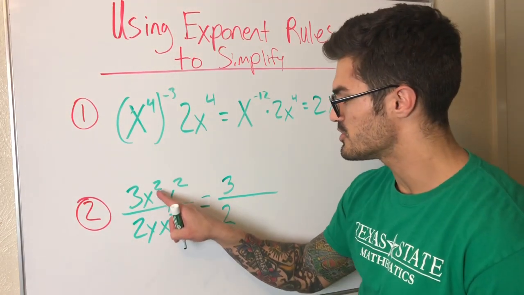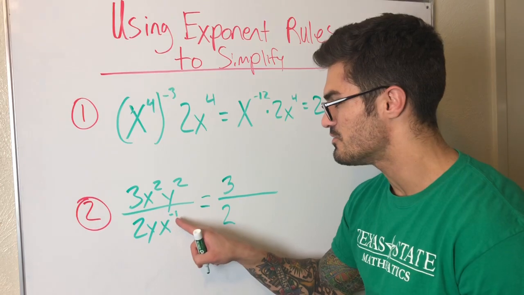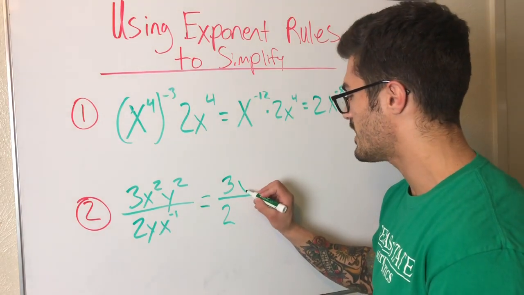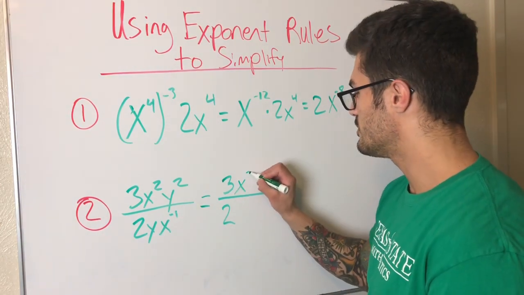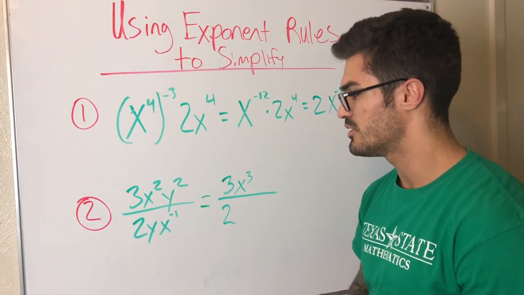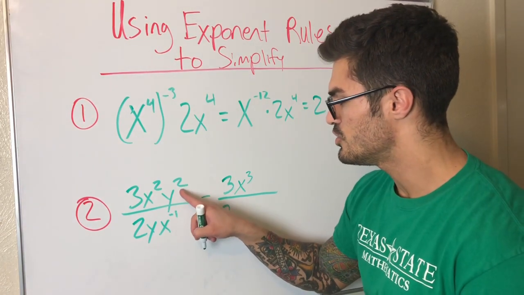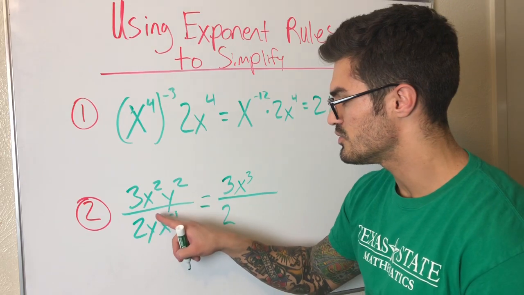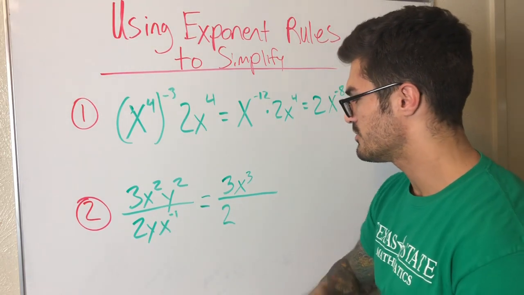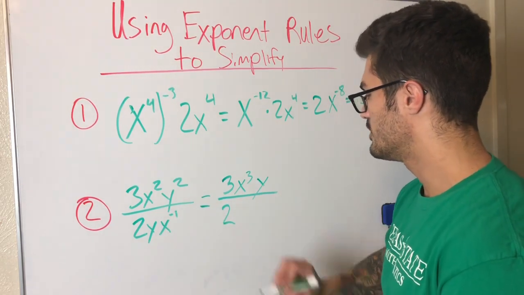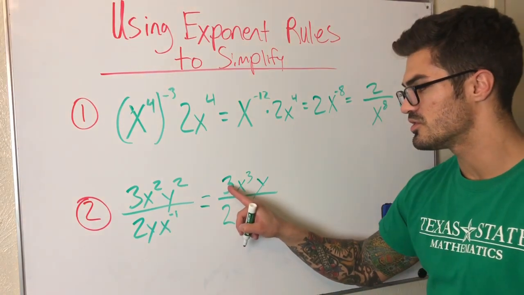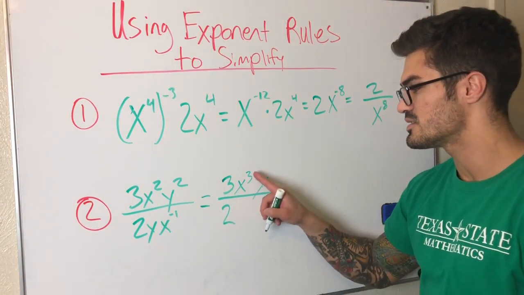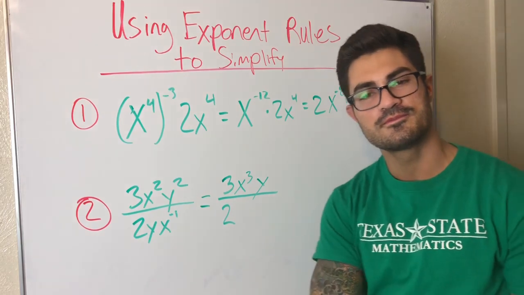Top exponent minus bottom, so the 2 minus negative 1, and that's going to bring me x to the third on top. And then I have 2 minus 1, and that's going to bring me just y. So what I'm left with is just 3/2 times x cubed y.